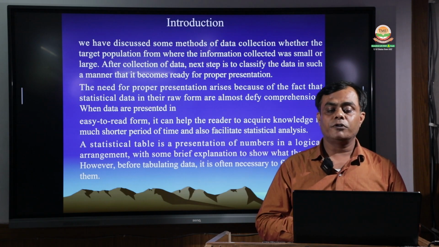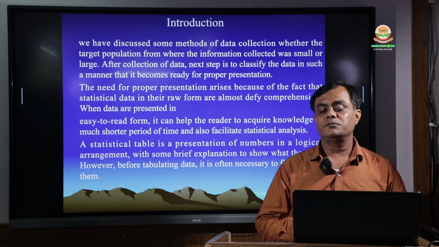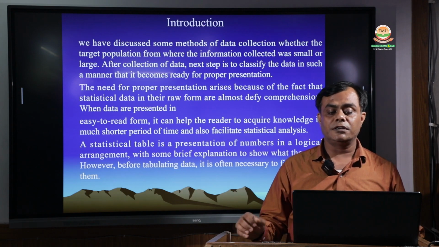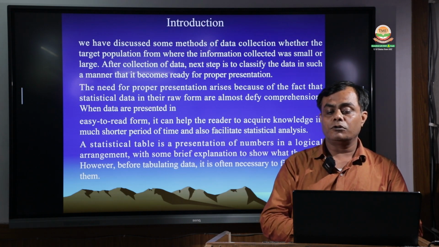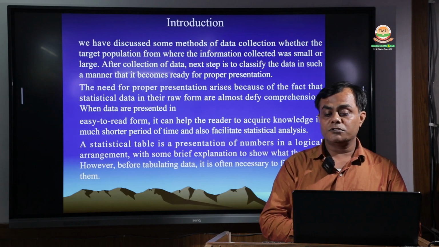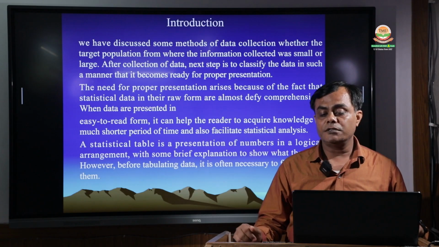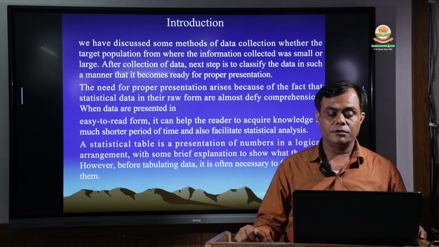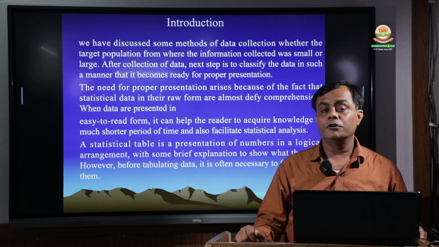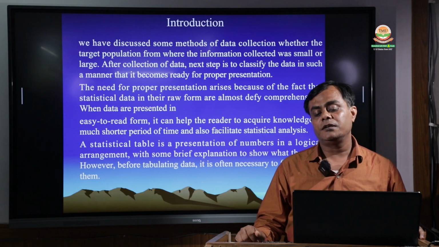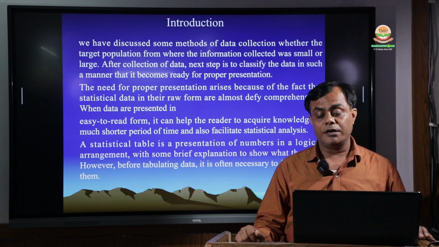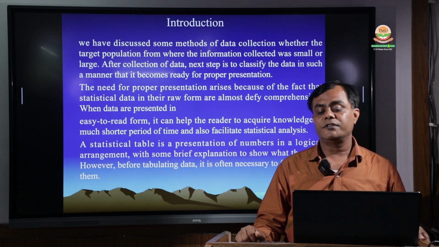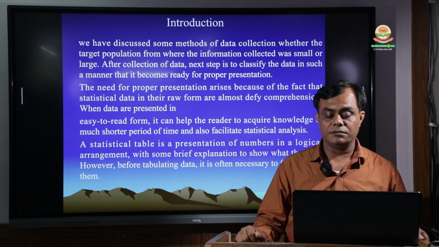The need for proper presentation arises because statistical data in their raw form almost defy comprehension. When the data are presented in an easy to read form, it helps the reader acquire knowledge in a much shorter period of time, and also facilitates statistical analysis.